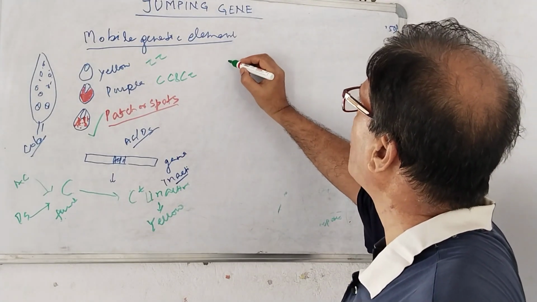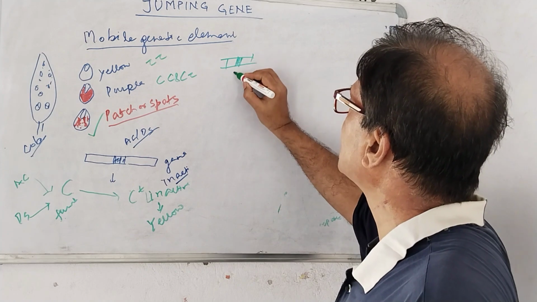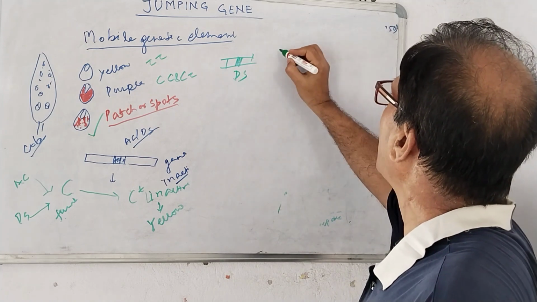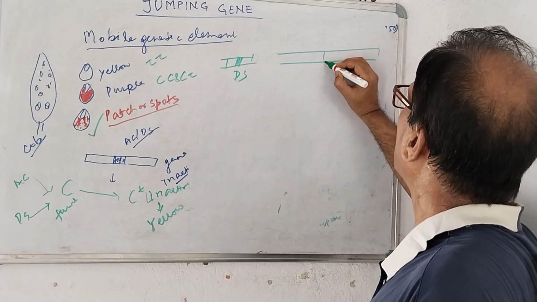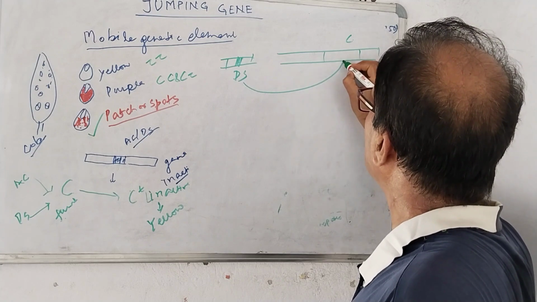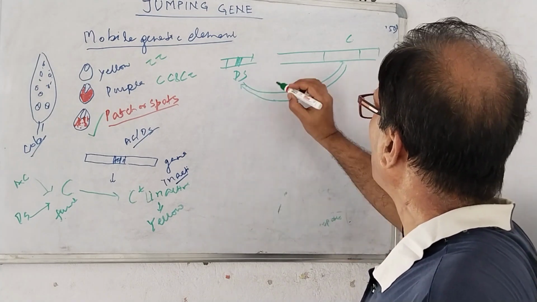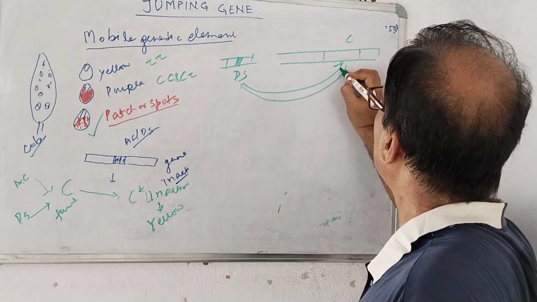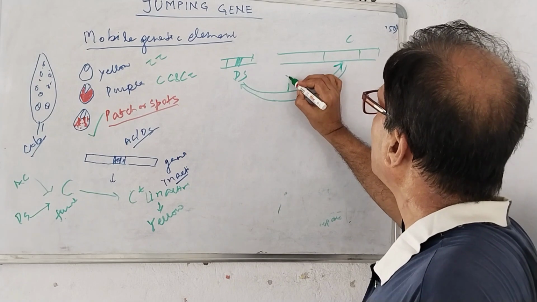Suppose this sequence is the DS sequence, DS, and this one is anthocyanin C. DS gets inserted and it moves out. When it gets inserted, then yellow color.